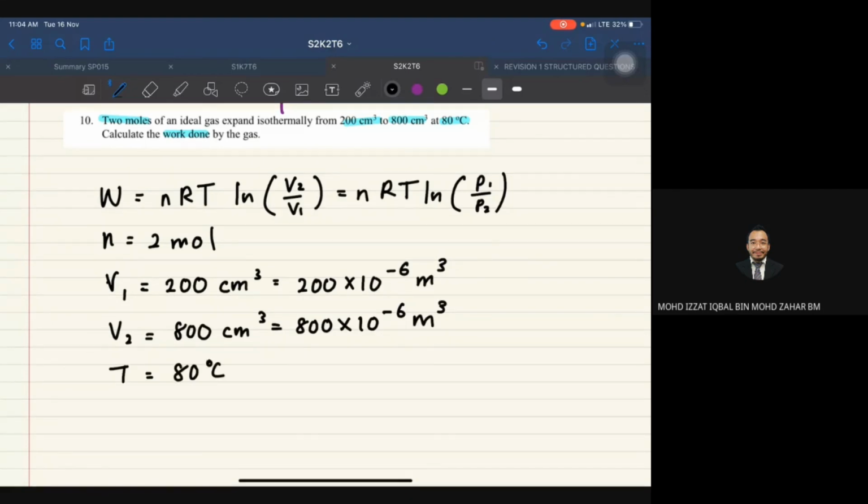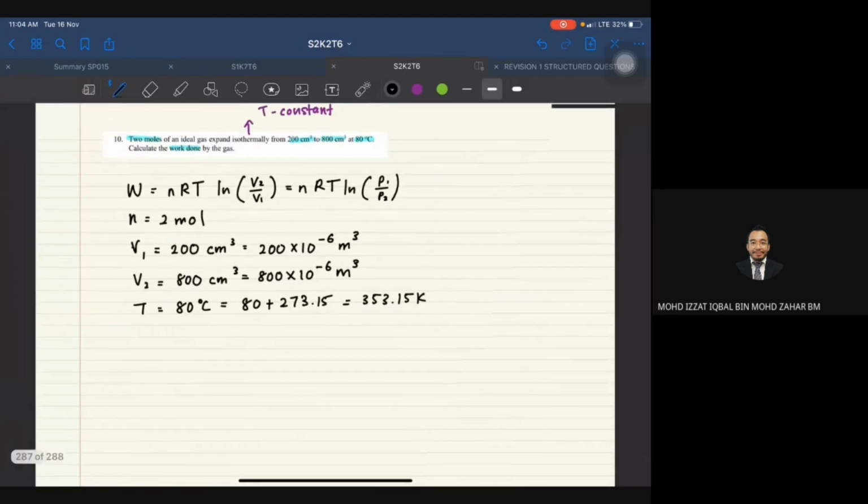You can convert into Kelvin. So this one become berapa? Siapa boleh kira untuk saya? Okay, good. 353.15 Kelvin. Correct? Betul.